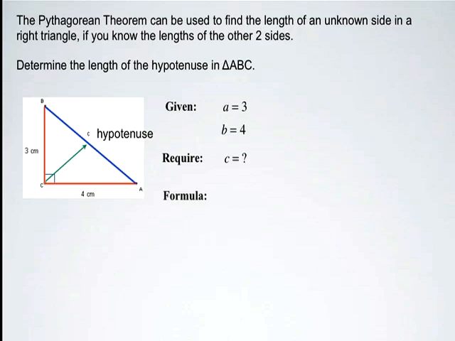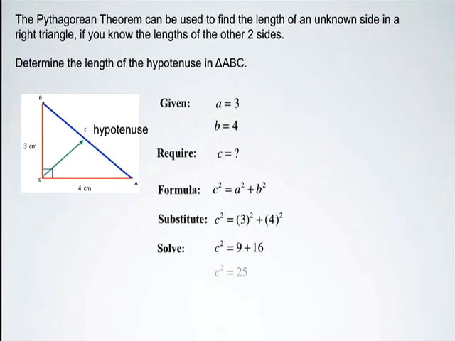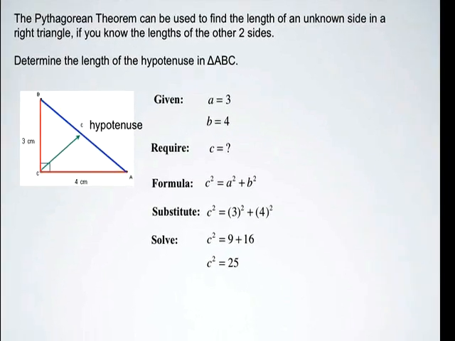So we're going to use a formula, and our formula is c squared equals a squared plus b squared. And we're going to sub in for a equals 3 and b equals 4, and we get c squared equals 3 squared plus 4 squared. Now we can solve the equation. So c squared equals 9 plus 16, and 9 plus 16 is 25.